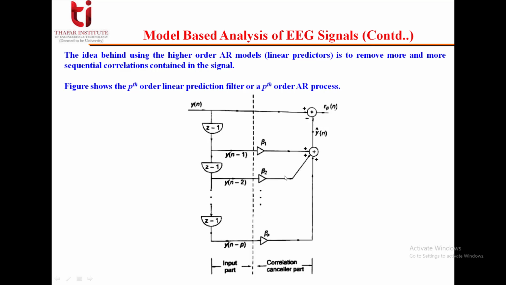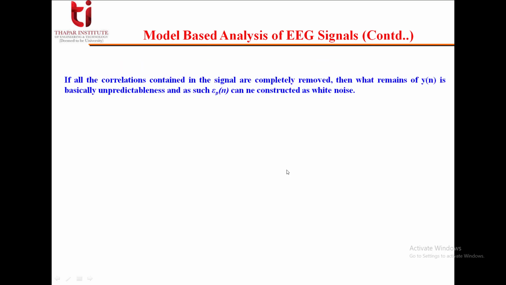That is the correlation canceller part. If all the correlations contained in the signal are completely removed, then what remains of y(n) is basically unpredictableness, and as such epsilon p(n) can be constructed as white noise.